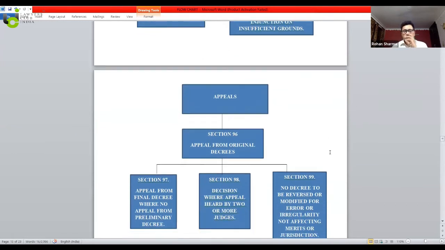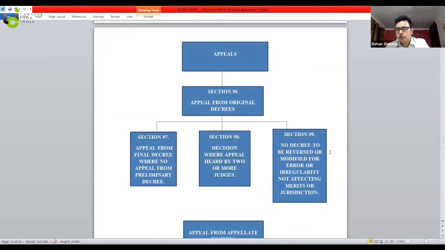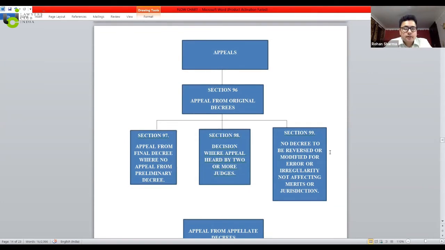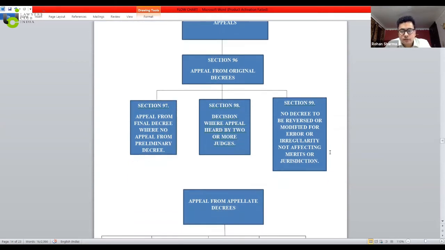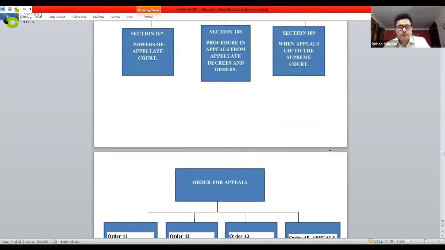Okay. Now, again, to a very important set of sections which deals with your appeals. Section 96 talks about where your appeals lie from any original decrees, which of course has to be read with Order 41, which I just referred to in the start.